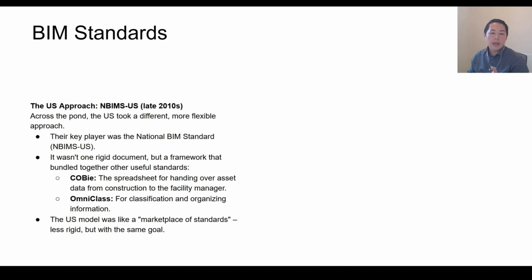So from then, in the late 2010s era, we had a number of proven and powerful standards from both the UK and the US, and it became a logical step to unify all these standards together and create one international rulebook. And that's what led to the ISO 19650.